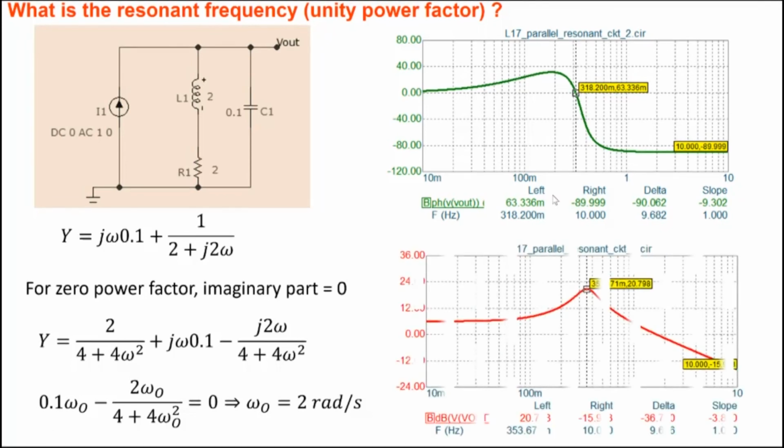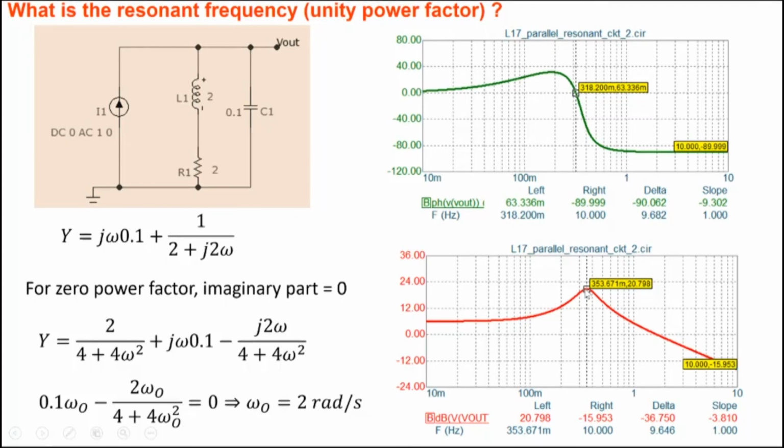If we look at the magnitude part here, the magnitude of the voltage goes to its peak value not at the zero phase point, 318 millihertz, but at 353.671. Right? So the two frequencies do not coincide. The frequency at which the phase goes to 0, or we have unity power factor, is not the same at which the amplitude of the output voltage reaches its maximum value here.